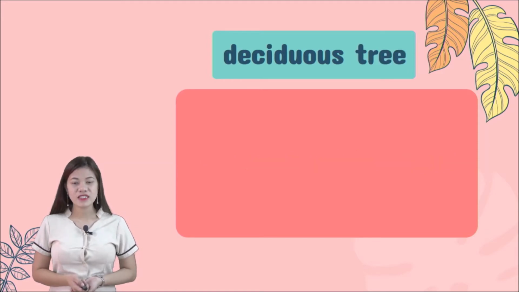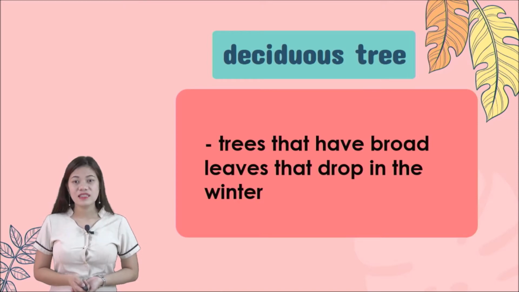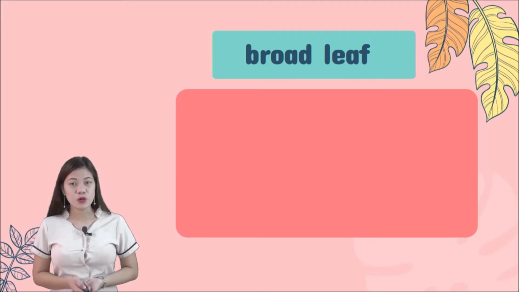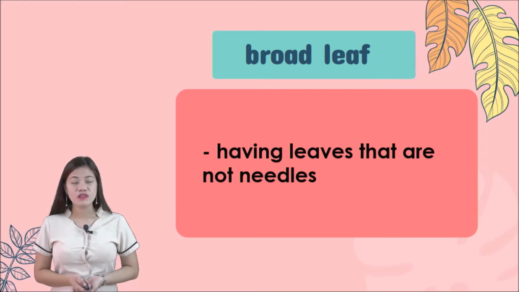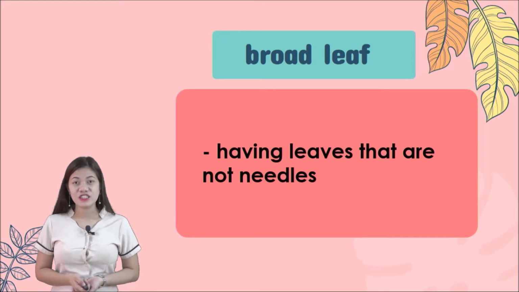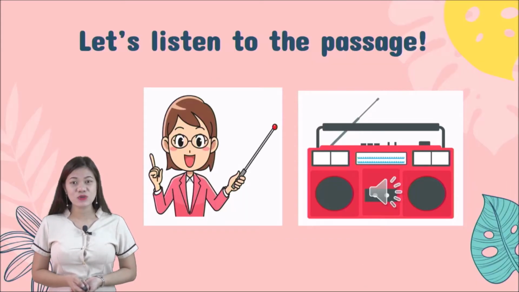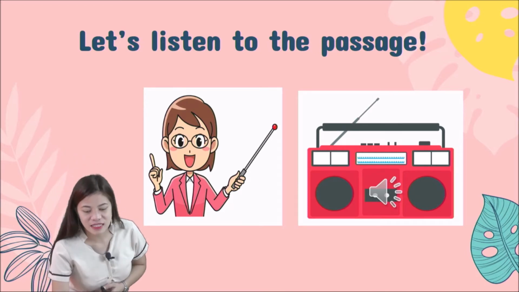And then next we have deciduous tree. It is a tree that has broad leaves that drop in the winter. And then broadleaf means having leaves that are not needles. Did you understand the meanings of our keywords, kids? If yes, now let us listen to the passage. Are you ready to listen, kids? Here's the passage.